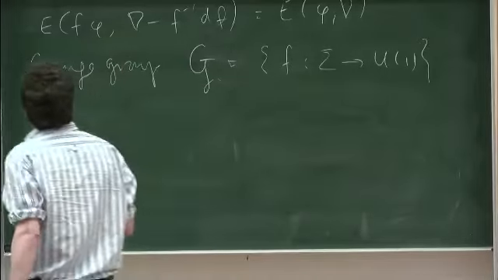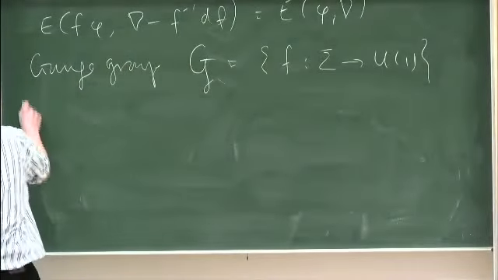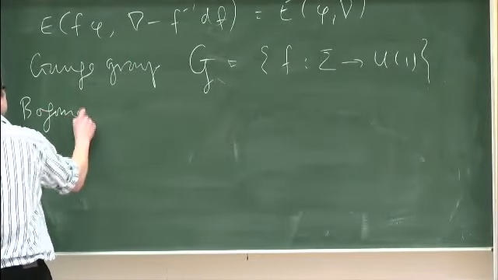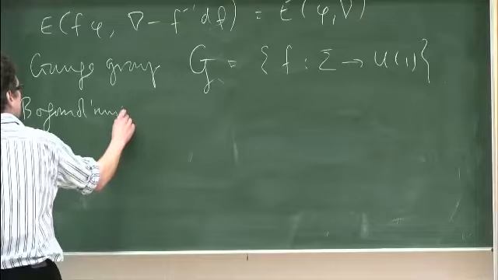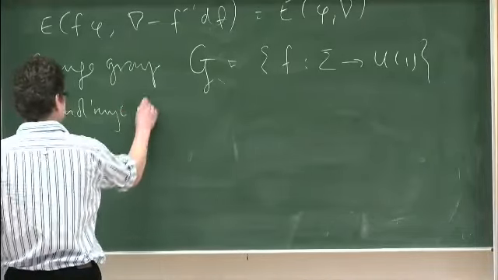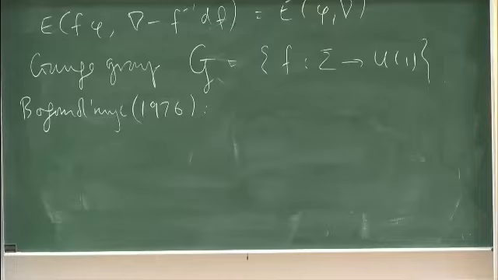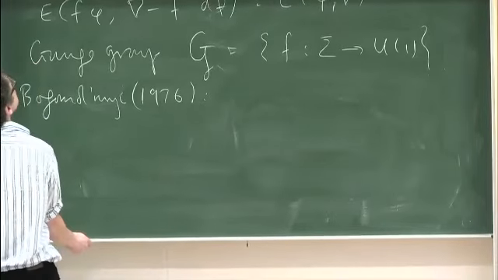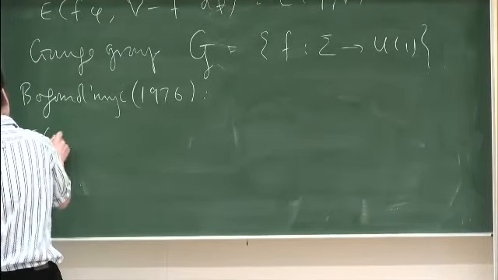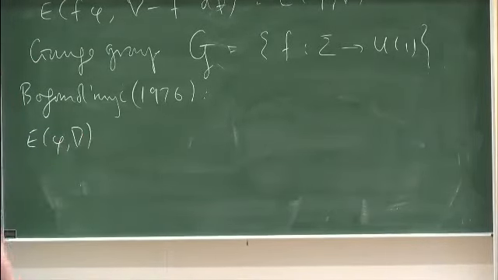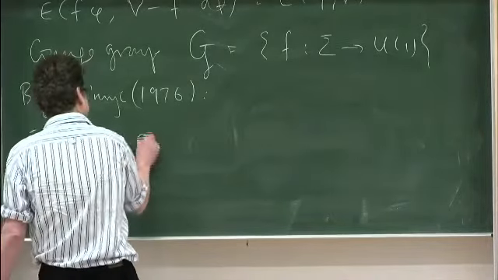And the key to doing that is to use a trick which was noticed by Bogomolny in its simplest form way back in 1976. Although he certainly didn't write it in this language, it amounts to the same thing as he did. So he noticed that you could actually rewrite this Ginzburg-Landau energy in the following form.